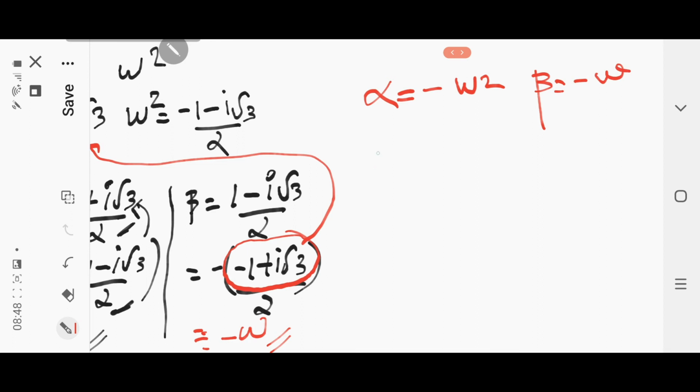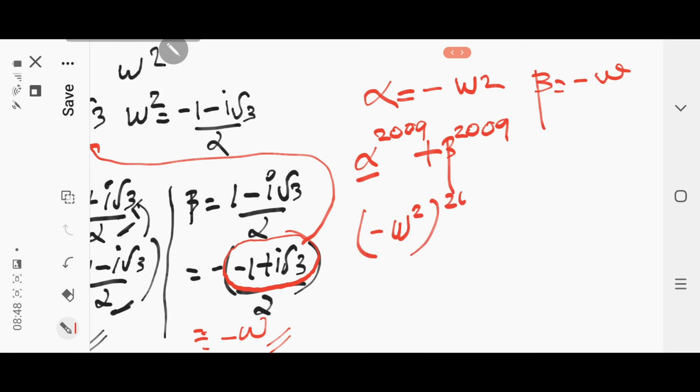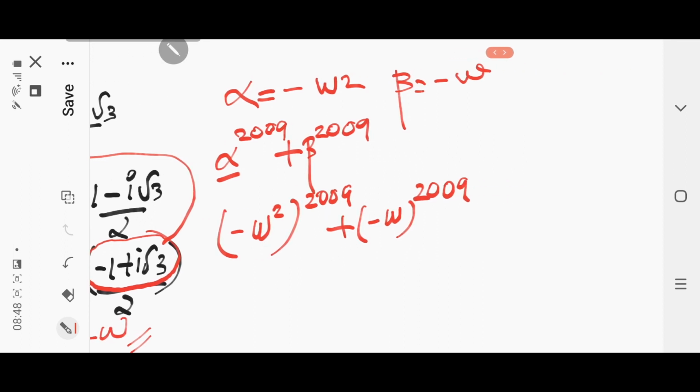As per the question given here, you have to find alpha raised to 2009 plus beta raised to 2009. As you know, alpha is minus omega square raised to 2009, plus beta, which is minus omega, raised to 2009. That means omega square raised to 2009 means when you multiply 2009 into 2, 9 2s are 18, and so on, it is 4018.